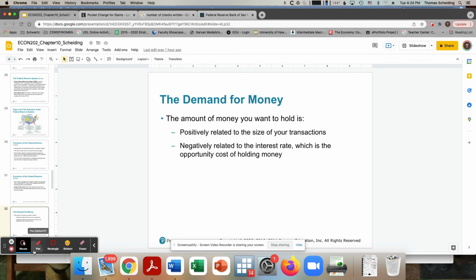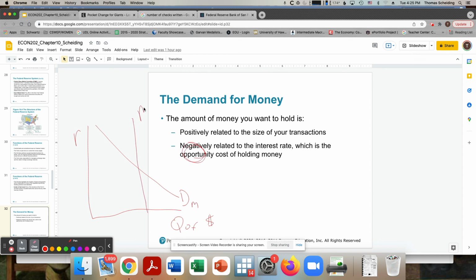What you could do here is put interest rates on the y axis and the quantity of money on the x axis, and here would be my demand for money. And we see that right there. The money supply would be completely vertical because it's unaltered by the interest rate. It's what the Federal Reserve has printed.